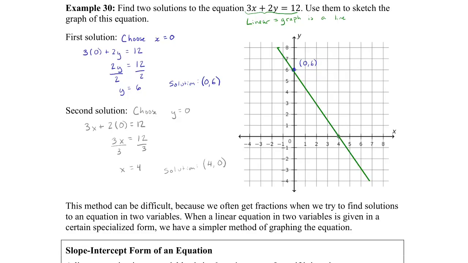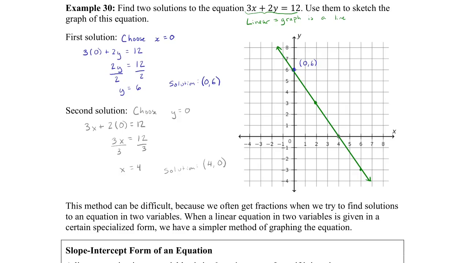So we only need the 2 points in order to get all of the solutions to this equation, right? Notice that there are plenty of points on this line that are not among the points that we plotted. Those points also represent solutions to this equation.